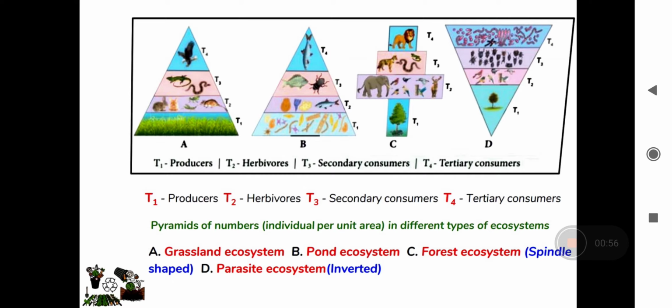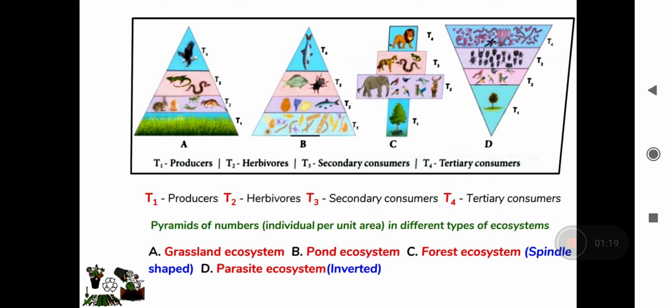Individuals per unit area. See the ecosystem of grassland, and second, the pond ecosystem.